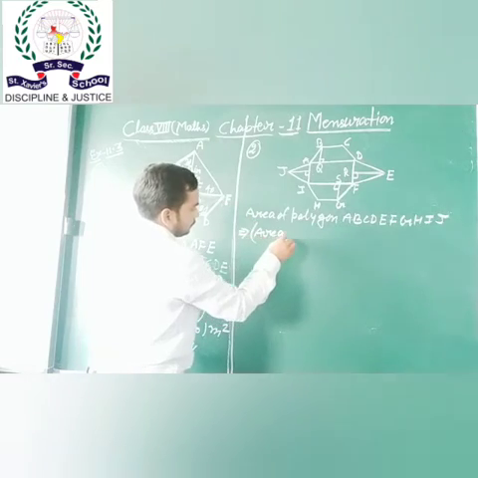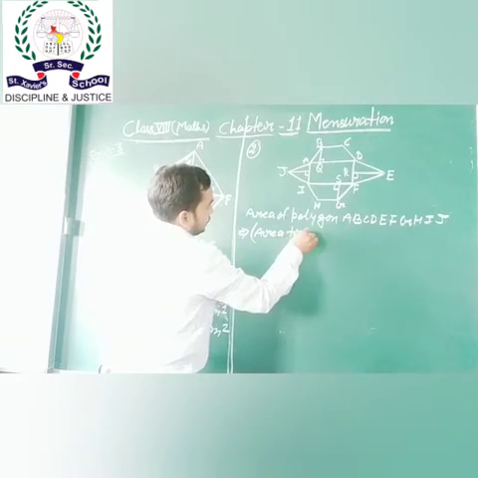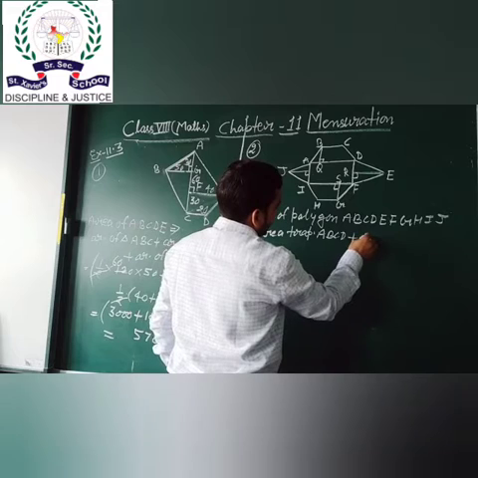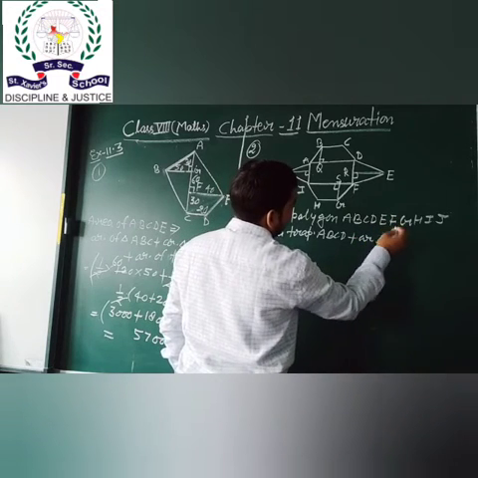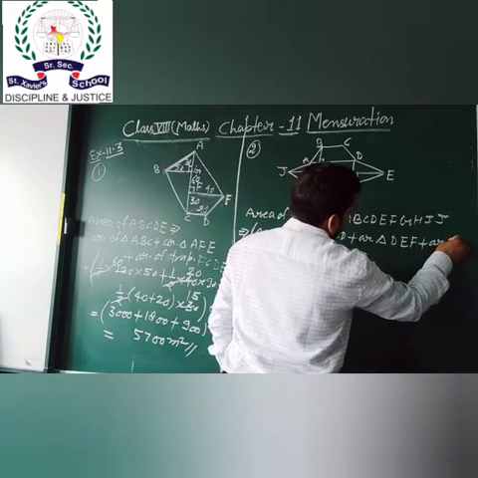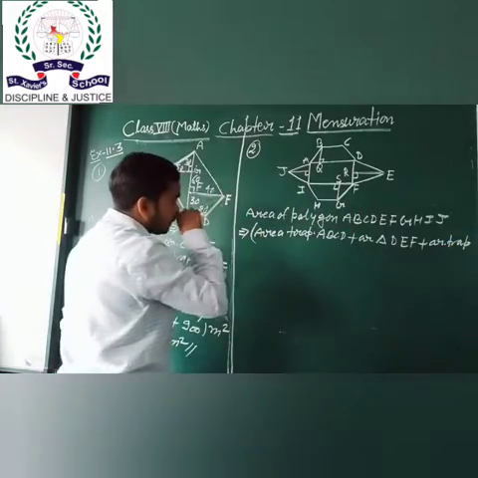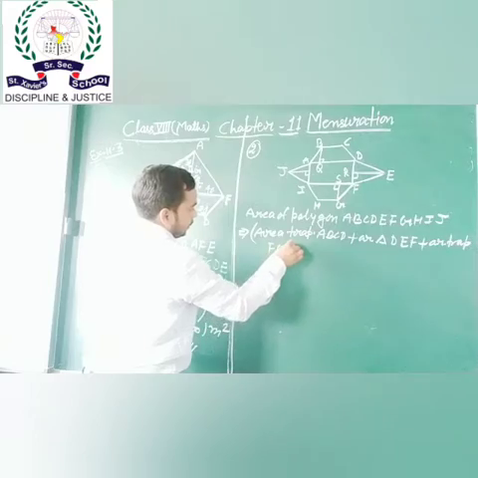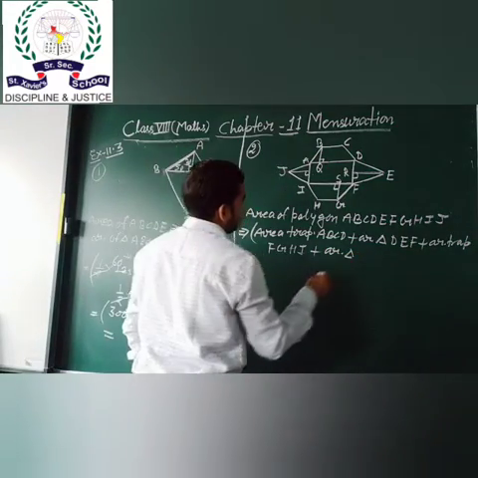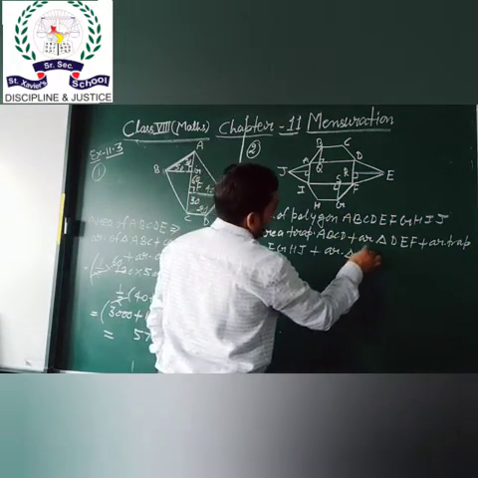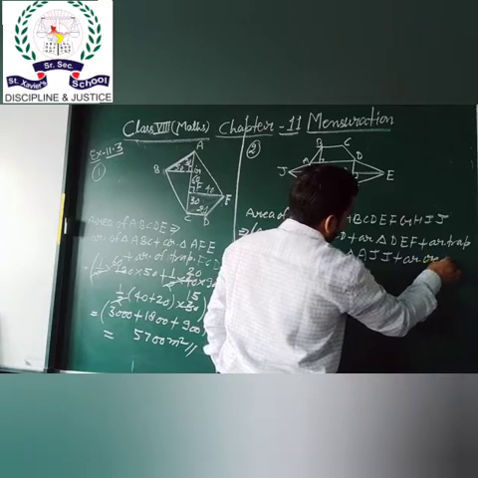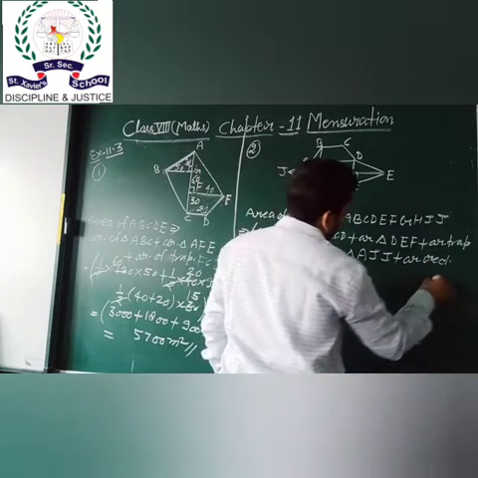area of trapezium ABCD plus area of triangle DEF plus area of trapezium FGHI and plus area of triangle AJI and plus area of rectangle ADFI.